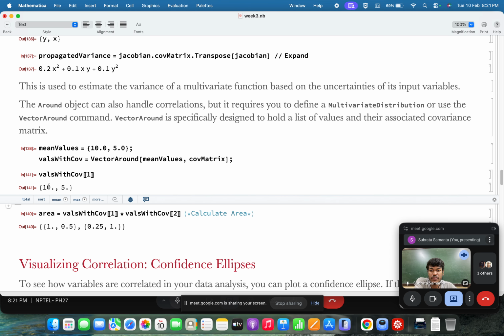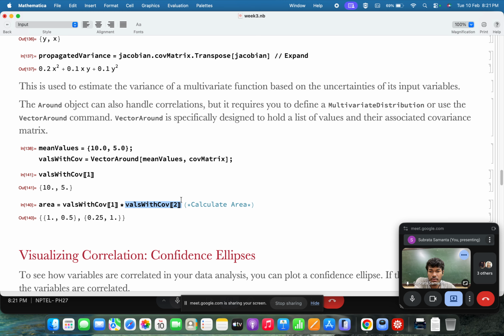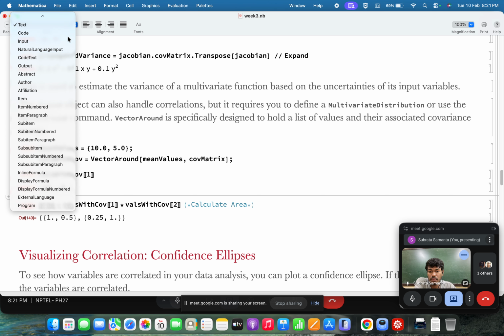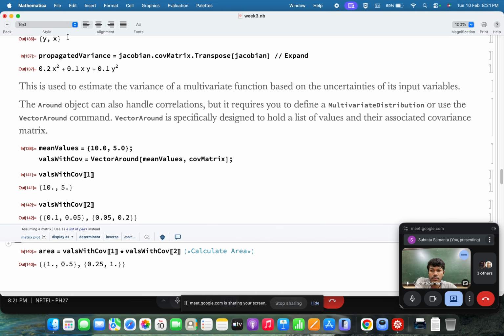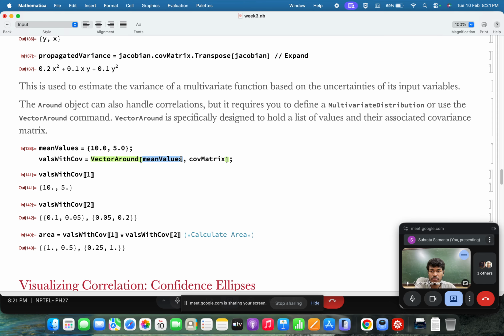This is a 2 cross 2 matrix, so this is your first column, and again if we just choose the second one, you see this is your first one, only the mean values 10 and 5, and the second one is the covariance matrix, right.